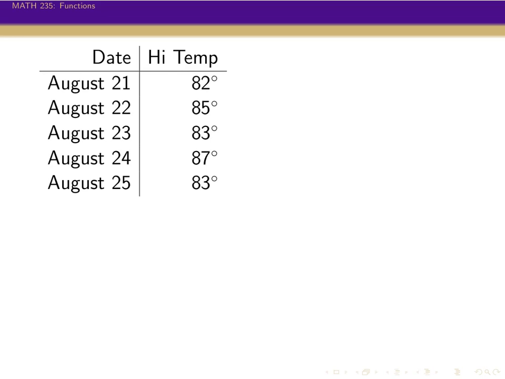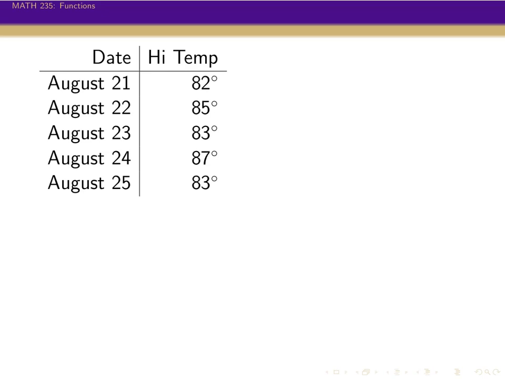So here's an example of some data. This is just some dates and some high temperatures that we had on those dates. Can we think about this table as representing a function? The answer is yes, because for each date there is only one high temperature connected to that date.